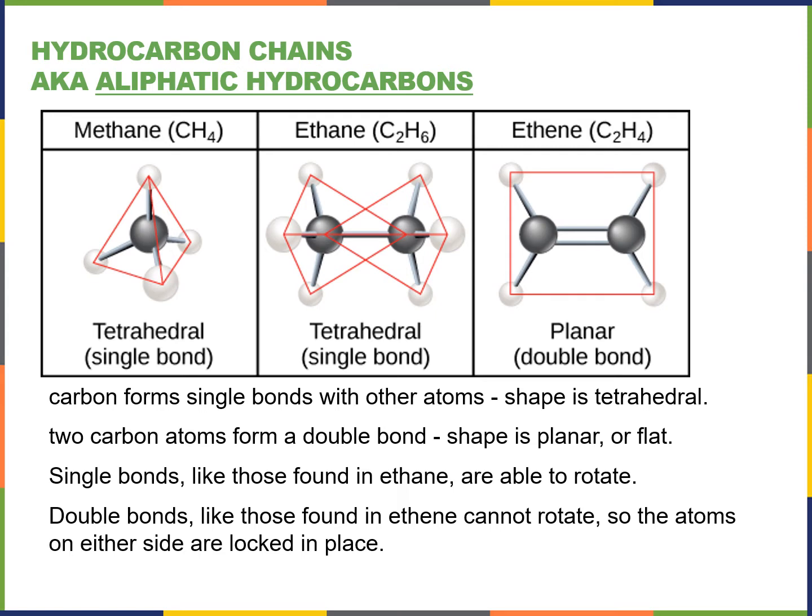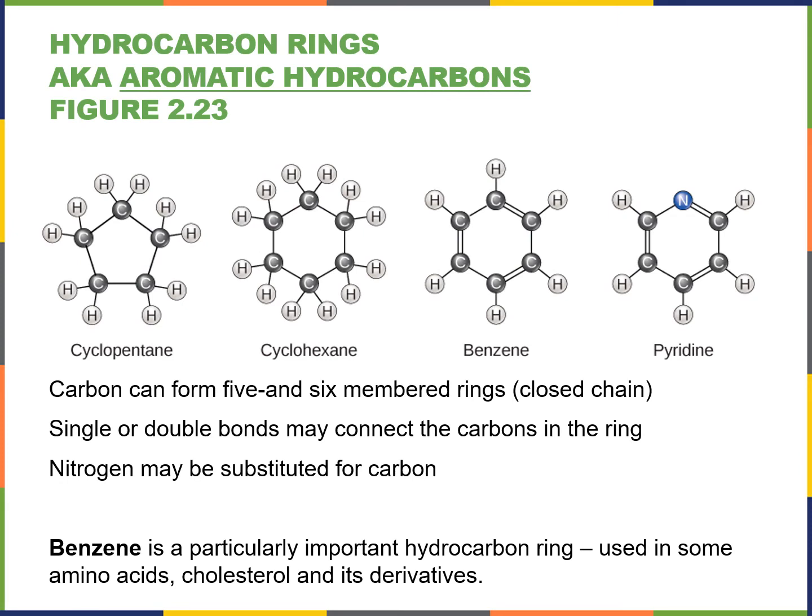But what happens when you form the double bond, like you see here in ethene? Well, instead of being 2 inverted tetrahedrons, you now have a flat plane, kind of like a sheet of paper. Shape dictates function. Ethane, even though it's relatively close to ethene, C2H6, C2H4, will react differently in every chemical reaction. Shape dictates function.